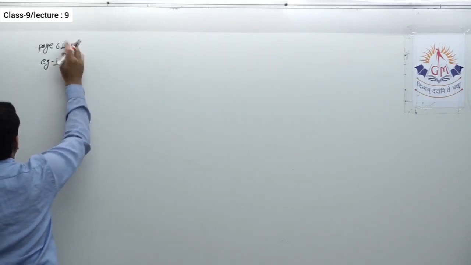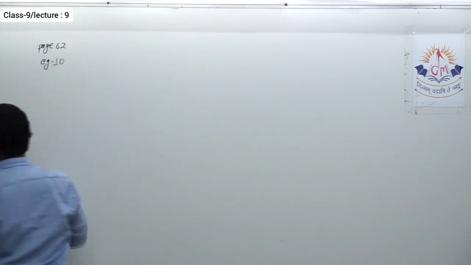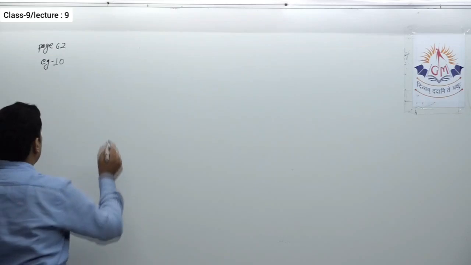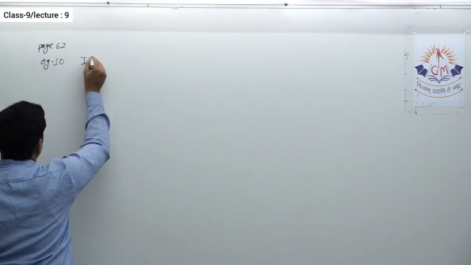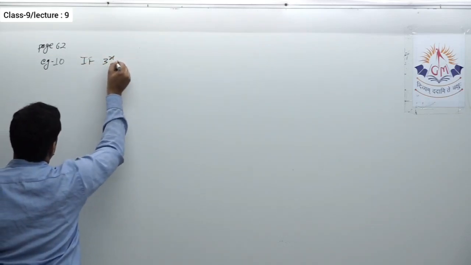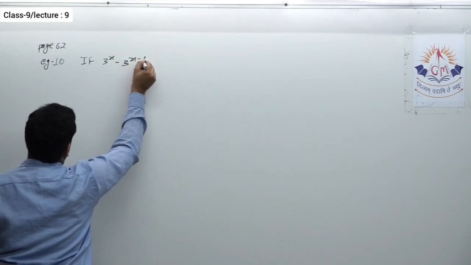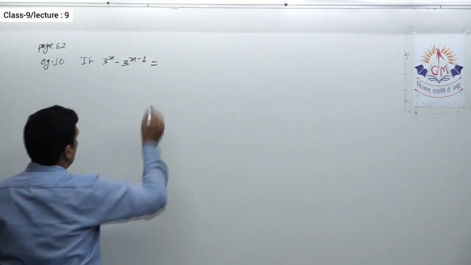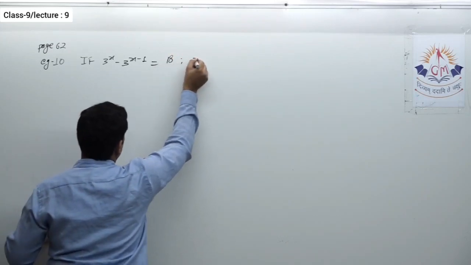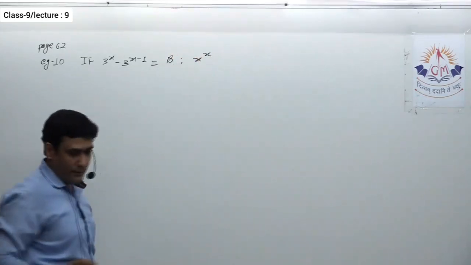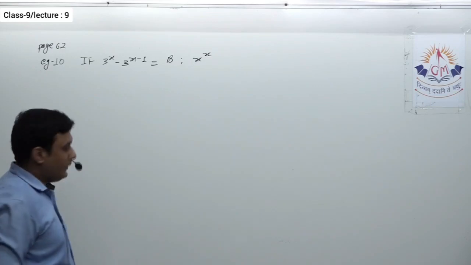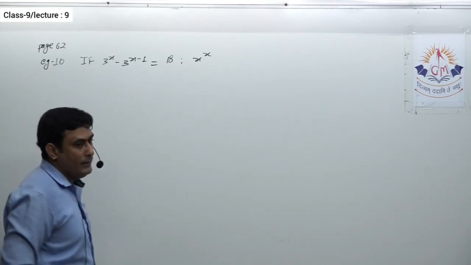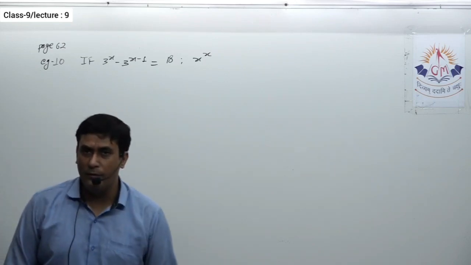The question is, if 3 raised to x minus 3 raised to x minus 1 is equal to 18, then find the value of x raised to x. If 3 raised to x minus 3 raised to x minus 1 is equal to 18, then you need to find the value of x raised to x.